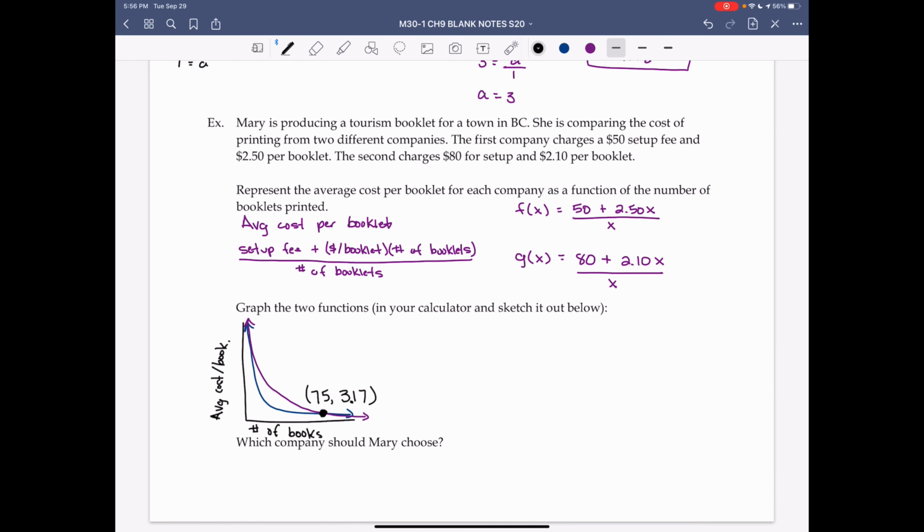So that tells us what information. What does the intersection mean? Well, this is number of booklets, and this is cost per booklet.